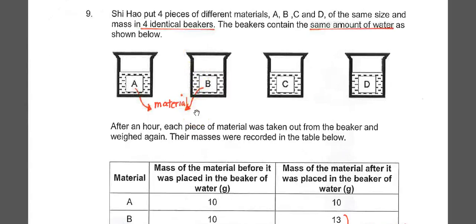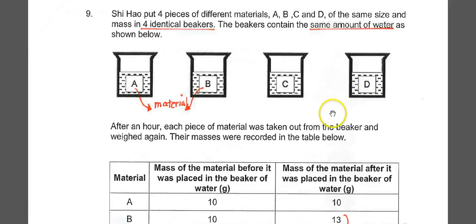Next, what happened is the same beaker size, the same amount of water. Now different materials over here, A, B, C, D, but they are of the same size and the same weight.